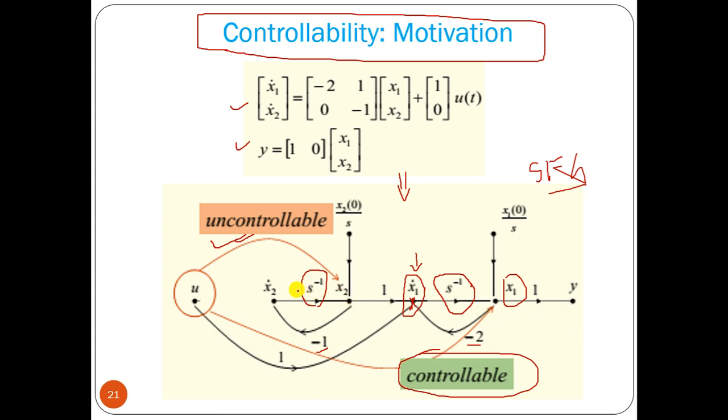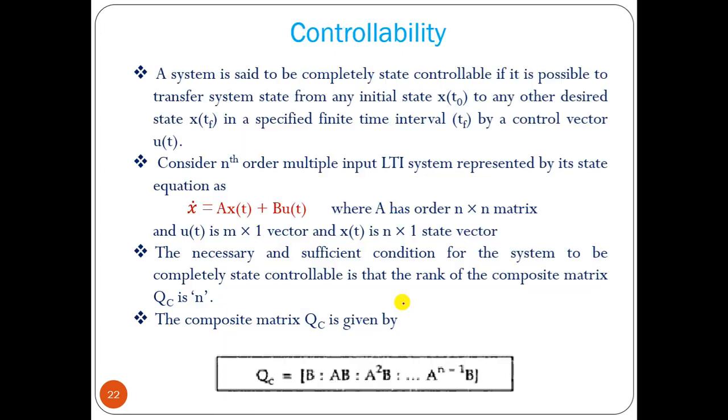Now, by looking at this signal flow graph, it is very difficult to find out whether a system is controllable or not. So there is a method to find out the controllability of the system. For controllability we look only at the input signal; we don't have to bother about the output.